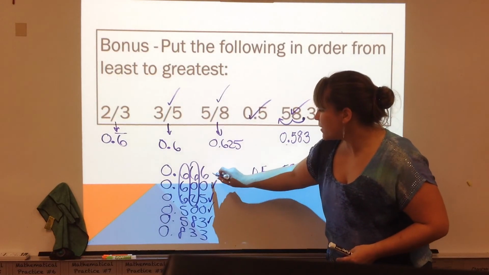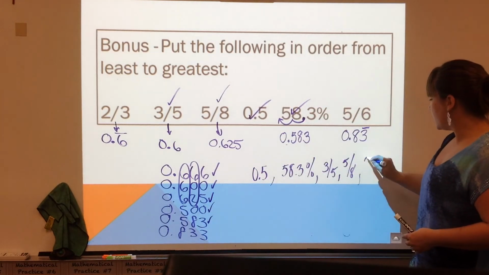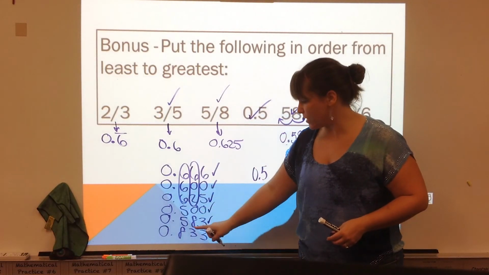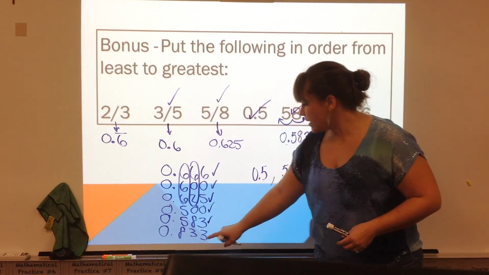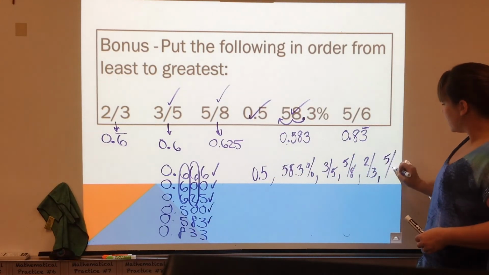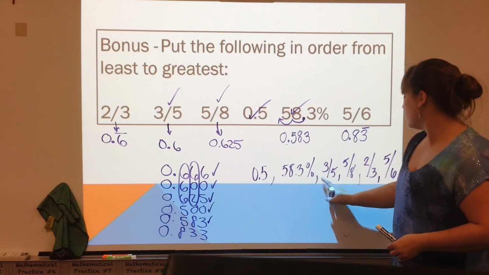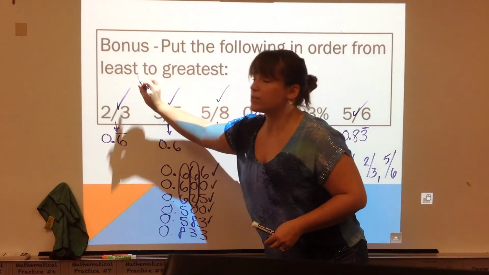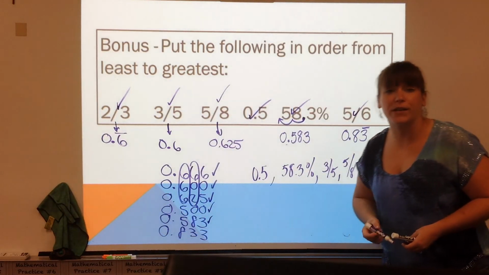So I have these 2 done, and then my 2/3 is the last number in that 6/10ths category. I have 1 left. It's the 0.83 repeated, which is 5/6. So we have 1, 2, 3, 4, 5, 6. We had 1, 2, 3, 4, 5, 6. Notice I'm checking them off to make sure I didn't forget one.